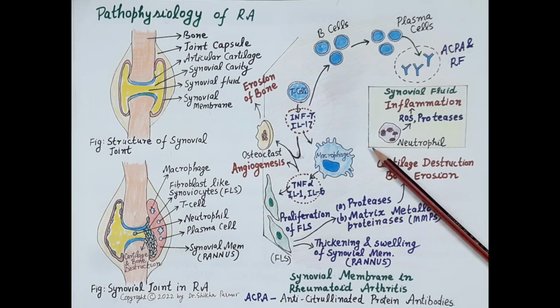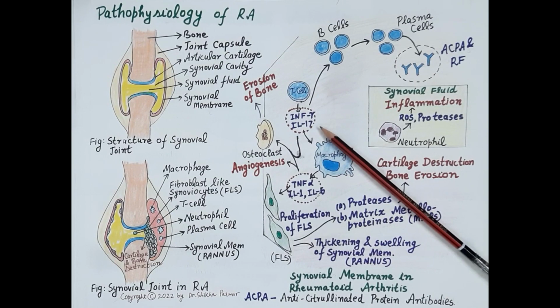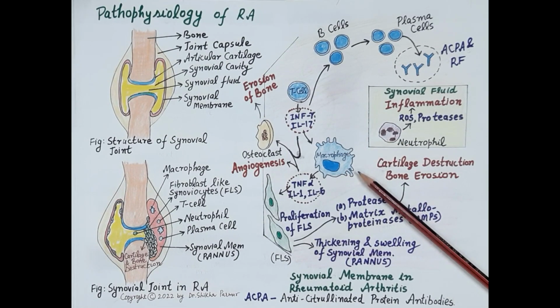Now most of the synthetic, conventional or non-biological DMARDs inhibit activation of immune cells, like T cells, thereby reducing generation of cytokines, thereby reducing activation of immune cells like macrophages.